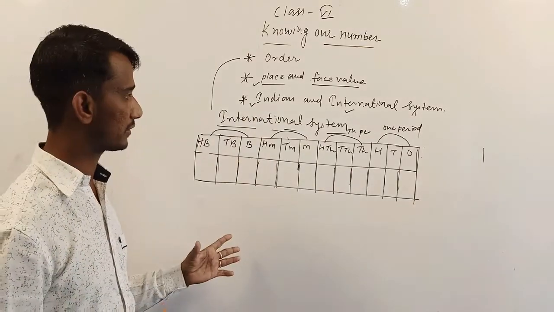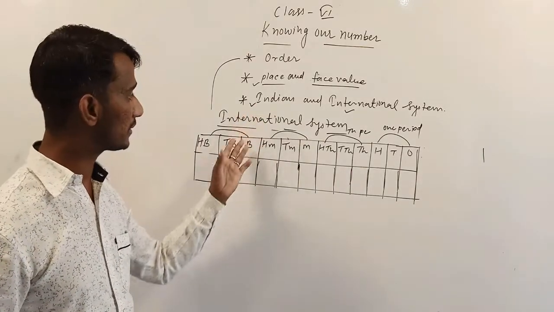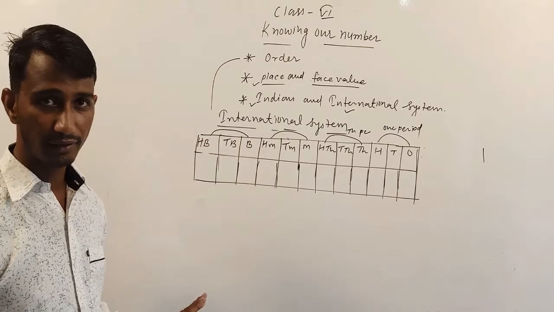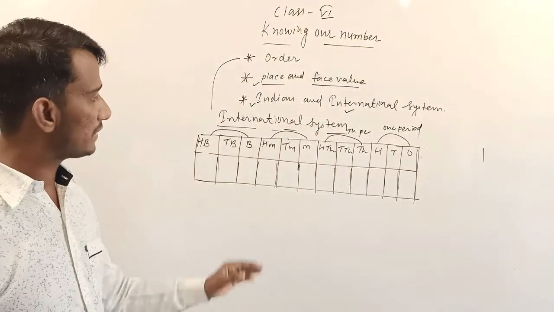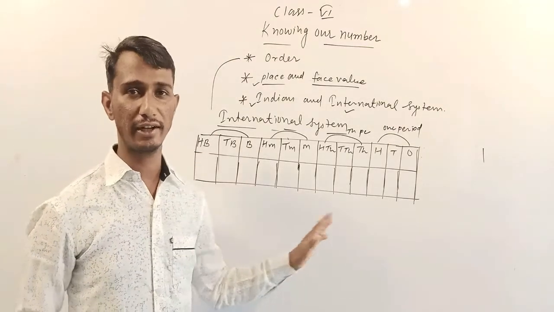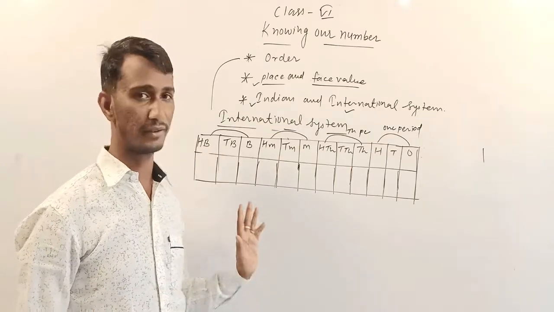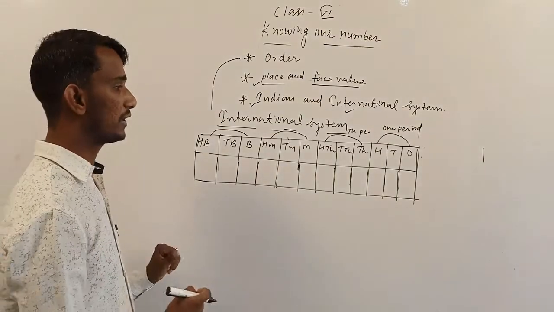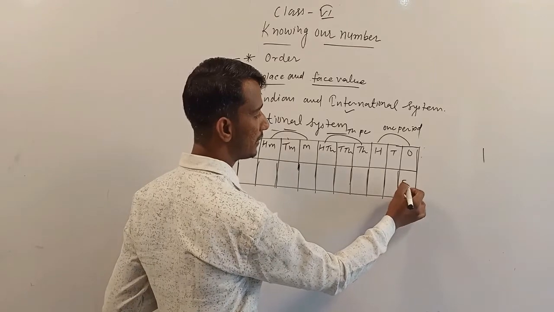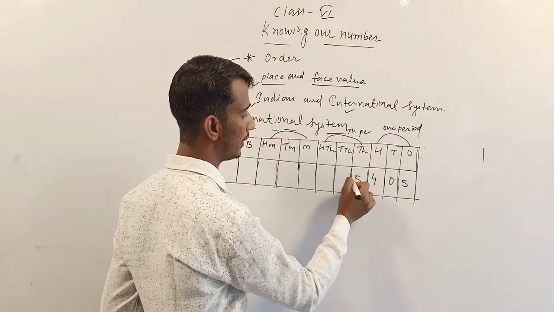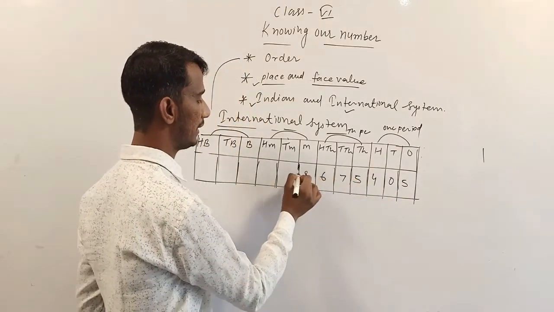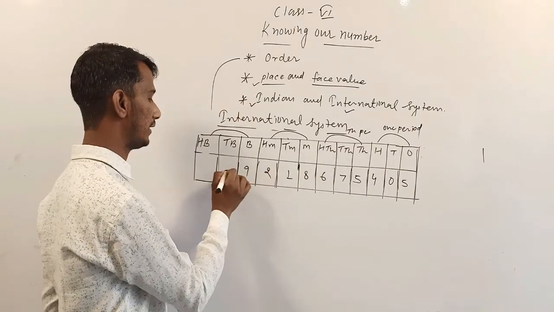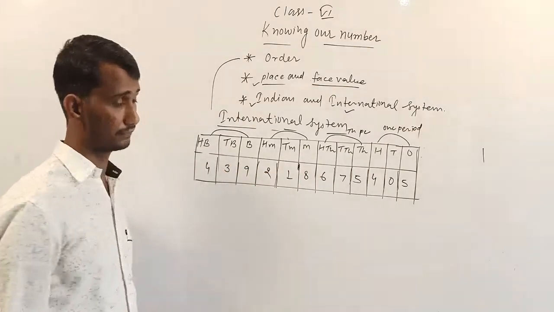What are the differences between the Indian system and the international system? Are you getting my points? In this system we can easily write the number and easily read it. Suppose we write some number here: 5, 0, 4, 5, 7, 6, 8, 1, 2, 9, 3, 4.